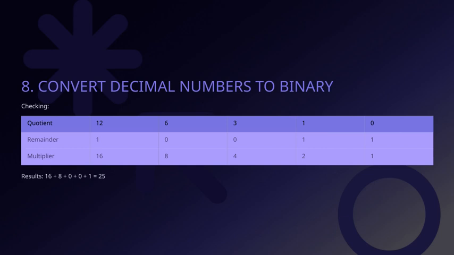This process highlights the fundamental relationship between decimal and binary systems. It demonstrates how binary digits, or bits, encode numerical values through these place values, and how the division method helps us extract those bits systematically. Understanding this conversion is essential, especially as it forms the backbone of how computers process and store data.